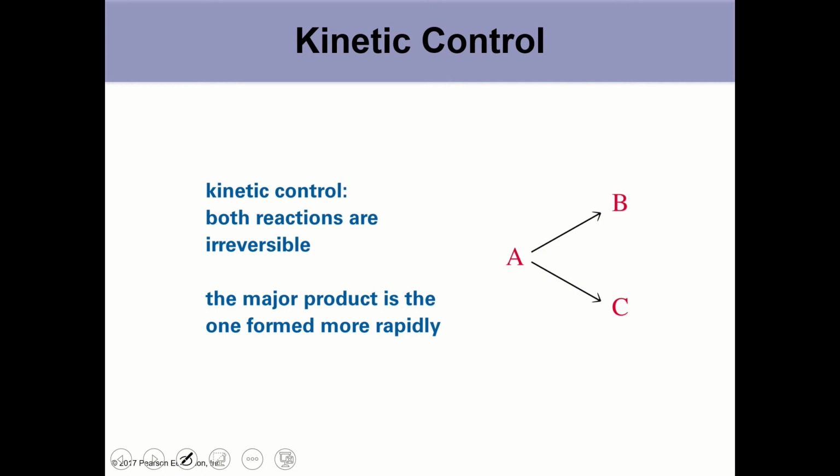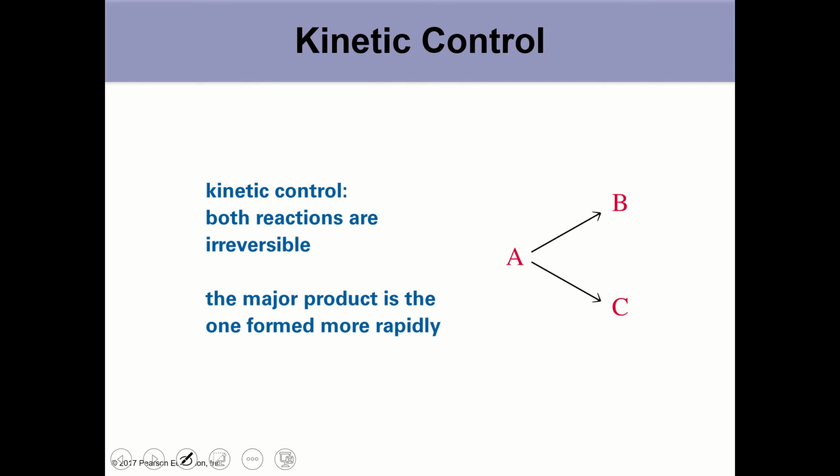Okay, so we can choose which product we want and control the reaction. In kinetic control, the reactions are irreversible, whether the pi bond ends up between carbons 3 and 4 or carbons 2 and 3, so that we have 1,2 addition or 1,4 addition.